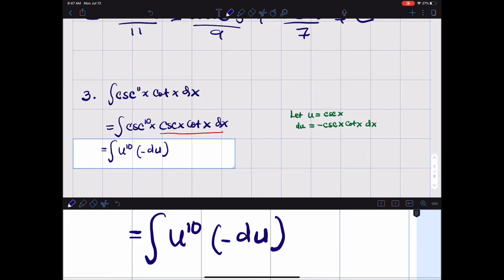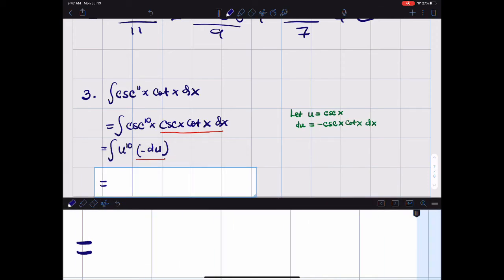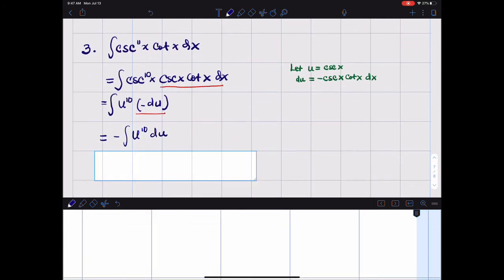The red part is negative du, because du is negative cosecant of x, cotangent of x dx. So we have minus u to the power of 10 du.